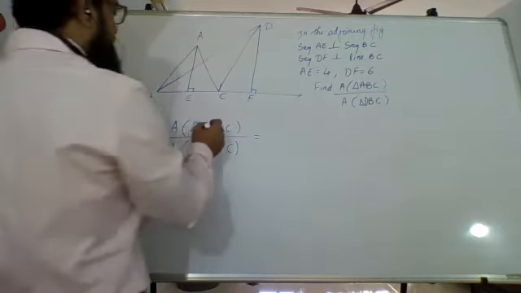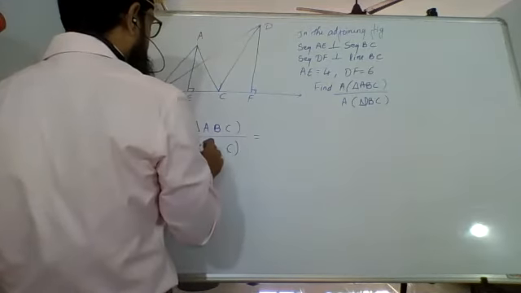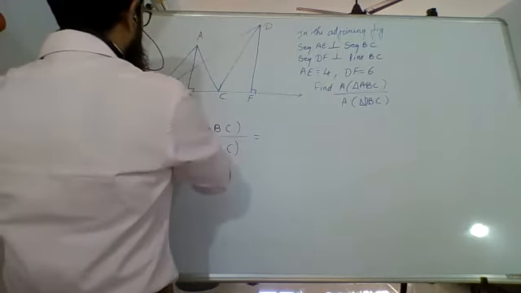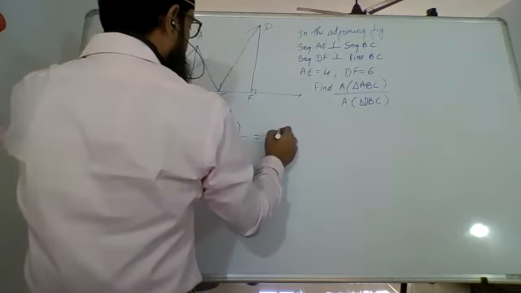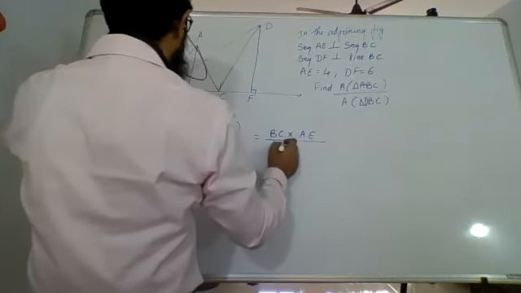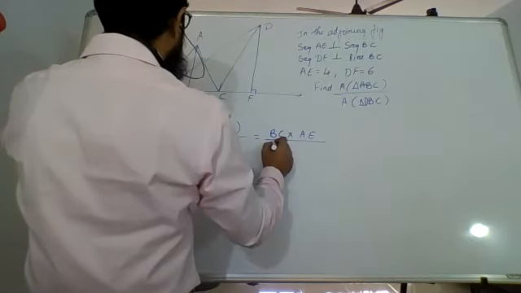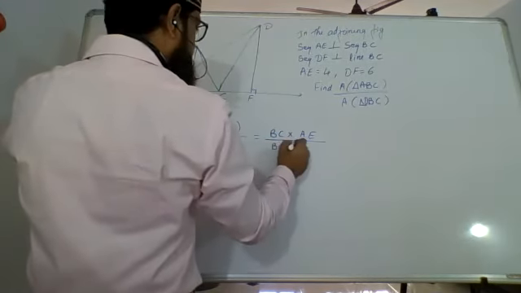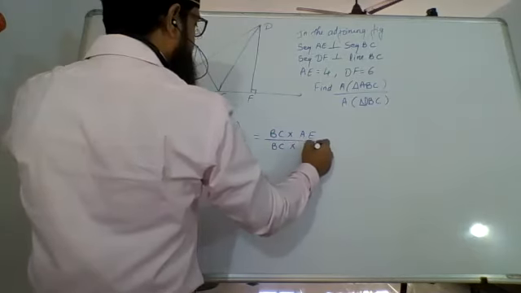Area of ABC will be BC into AE upon DBC will be again BC into DF.